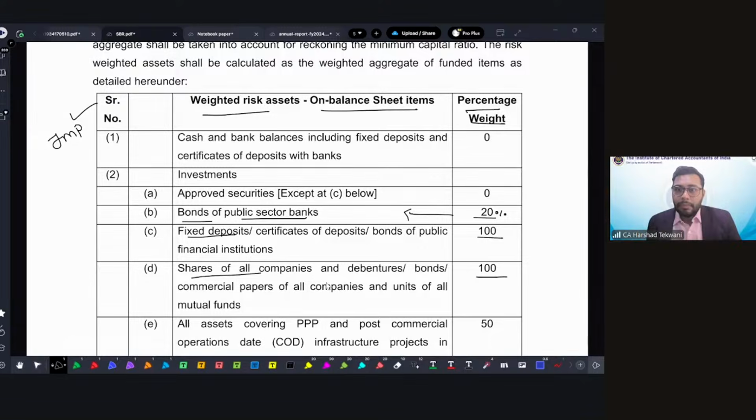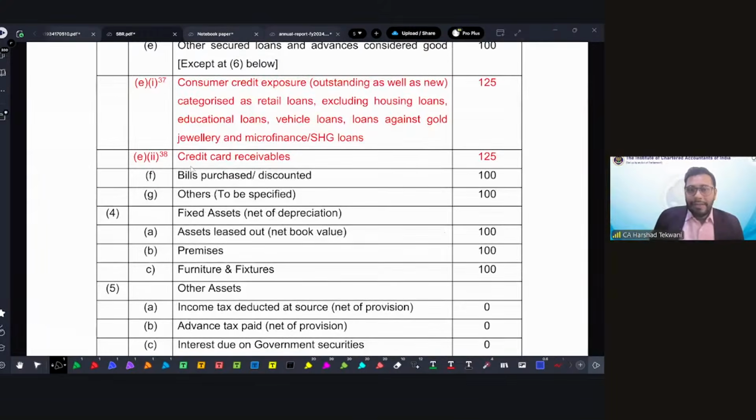Okay. So you actually see again what the scenario is with a fixed deposit. That means you have already invested it somewhere else. That amount is not with you. At some places it is even more than 100%. For example, credit card receivables. The risk which is assigned is more than 125%. Okay, sir.